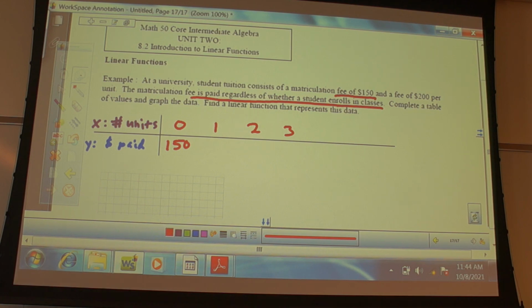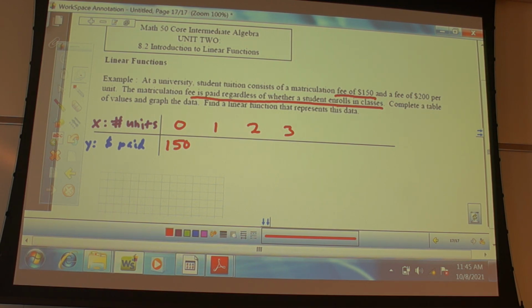Take one class, 1 unit or 2 units or 3 units, and fill in the rest of them. So 150 if you don't take any classes at all.